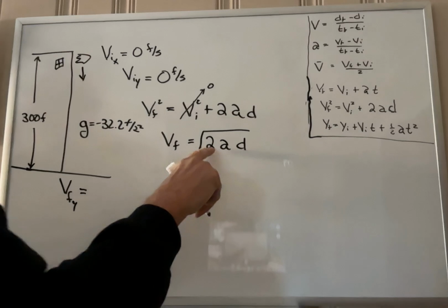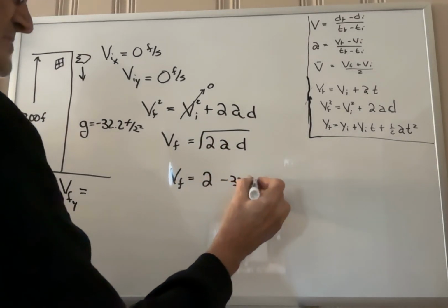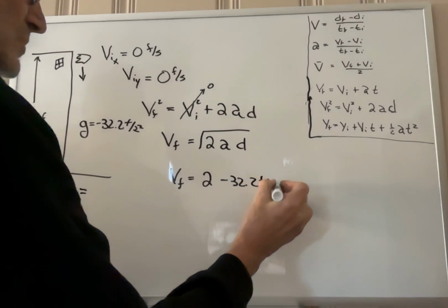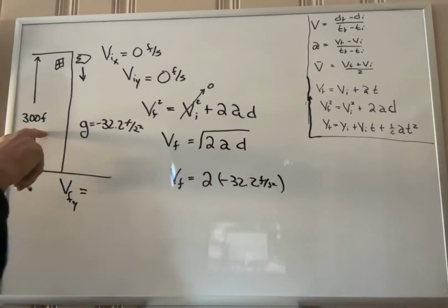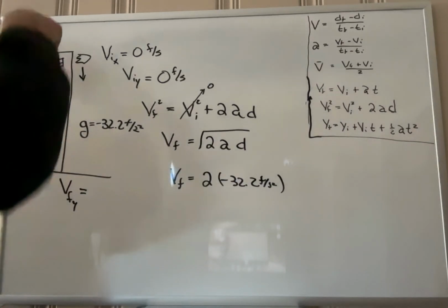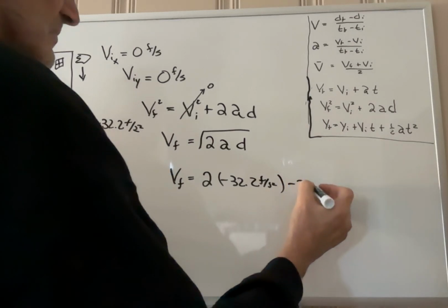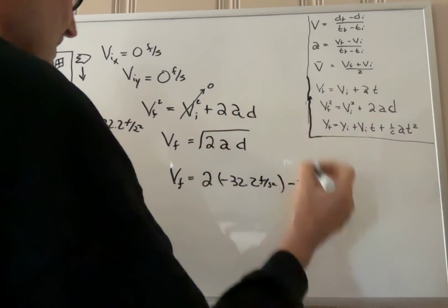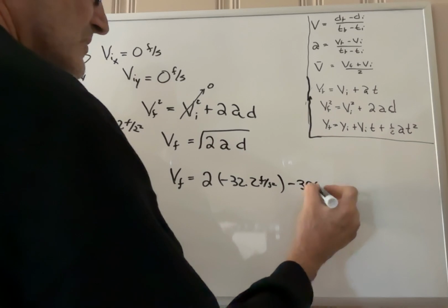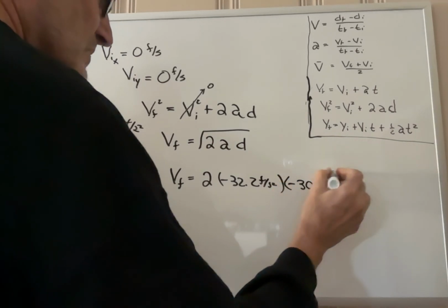So let's say 2 times my acceleration, which is negative 32.2 feet per second squared, times my distance. Now, I'm measuring the distance downward, so I have to make that a negative, because we don't want a negative under the square root sign. 300 feet, and we take the square root.